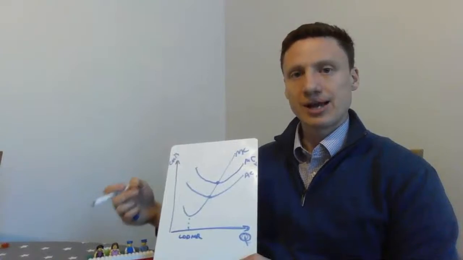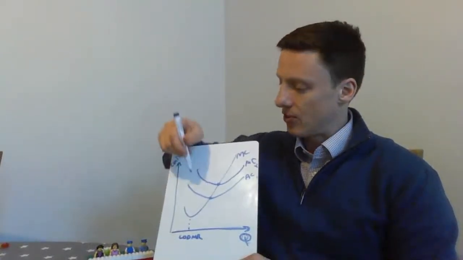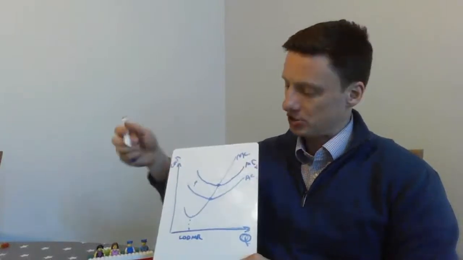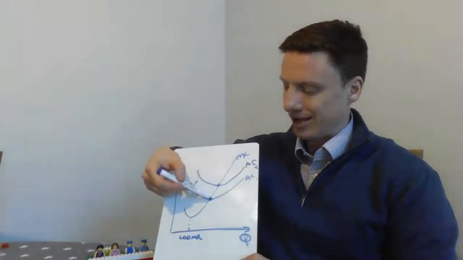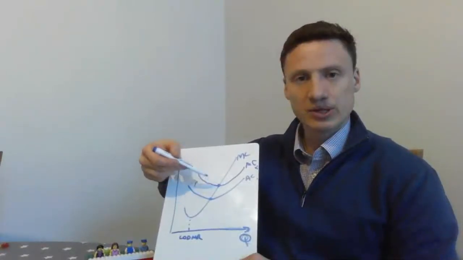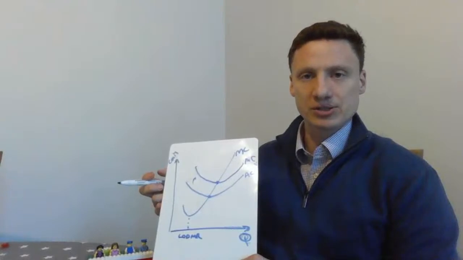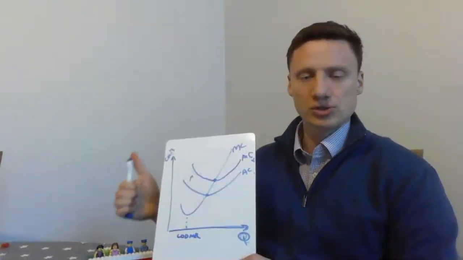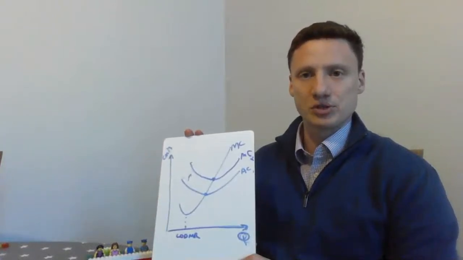If fixed costs rise, average fixed costs rise, therefore average costs should rise. I've shifted it upwards, a parallel shift, and I'm making sure that the minimum point is always intersecting with the marginal cost curve, because that's the mathematical rule. So there you go. That is the relationship between fixed costs, marginal costs, and average costs.